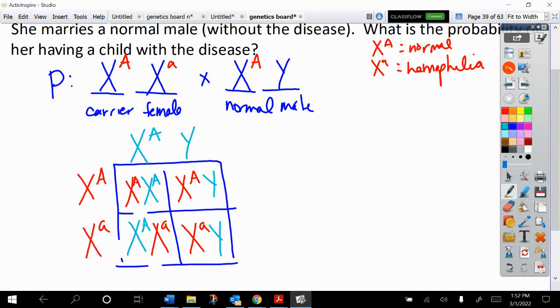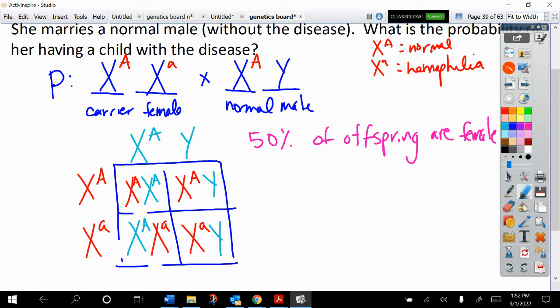All right, so let's keep in mind whenever we're analyzing the offspring, how many of the offspring will be female? So keep this in mind, 50% of the offspring will be female, 50% of the offspring will be male. All right, now if we were looking for how many will be affected by this, our only affected offspring will be these ones, okay?